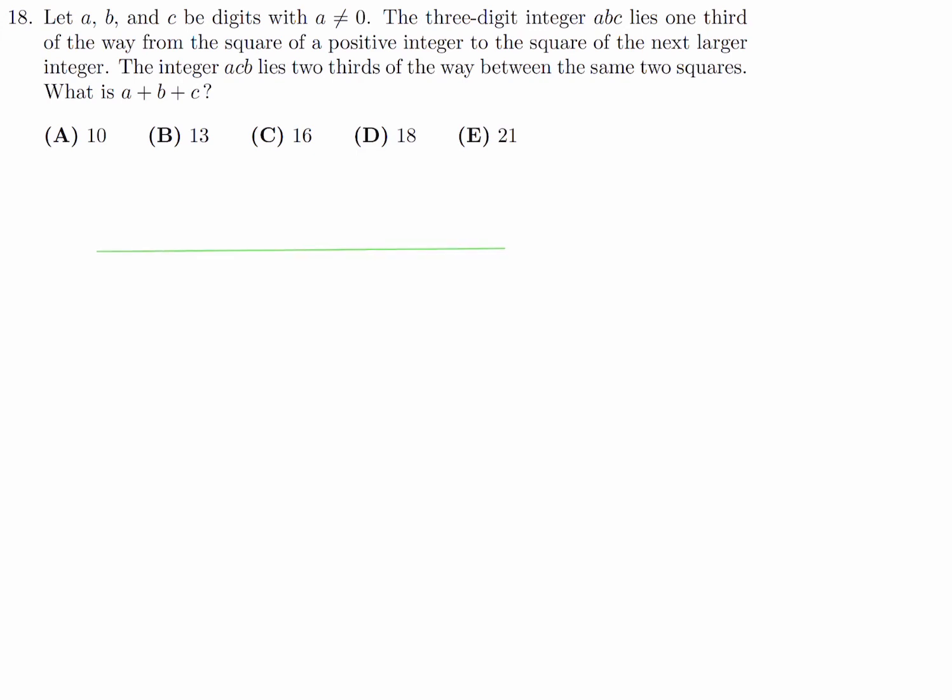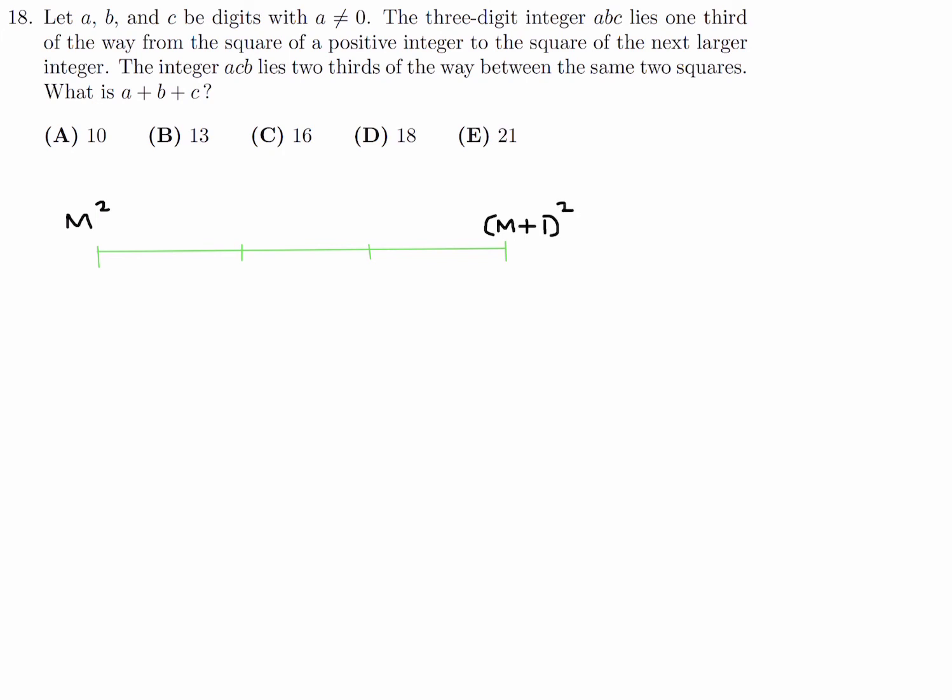So if we have a number line and we divide it into segments of 3, approximately here and here, they are basically saying that you've got some square, so let's say m squared, and on the other side you've got the next integer's square, m plus 1 squared.